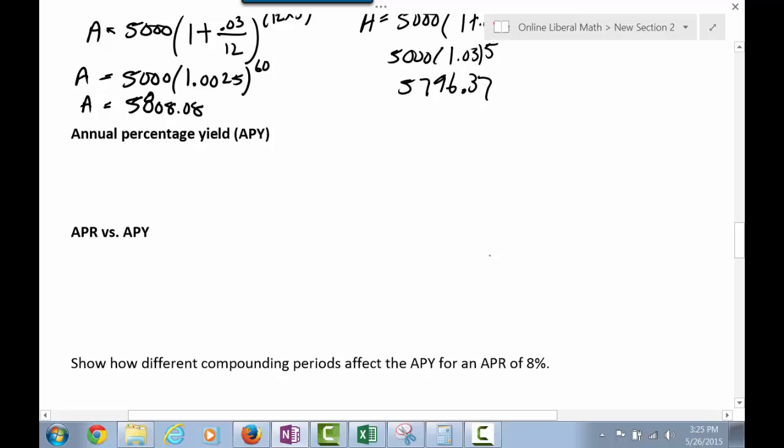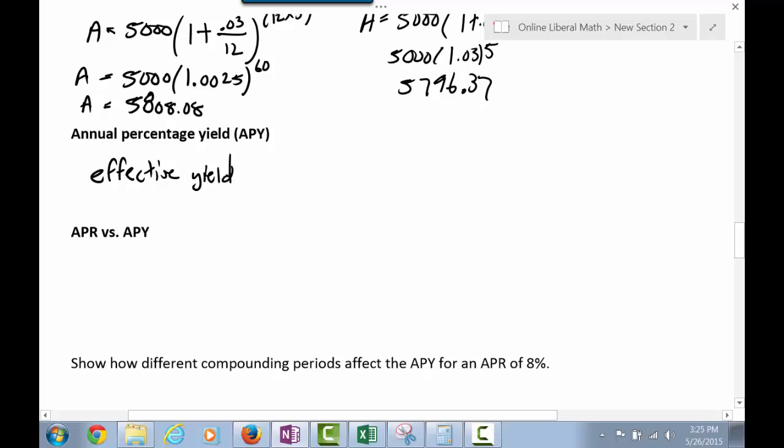All right, annualized percentage yield, which is different. So the annualized percentage yield is also called the effective yield. Or sometimes we'll just shortcut it and say the yield. And this is the actual percentage by which the balance increases in a given year.